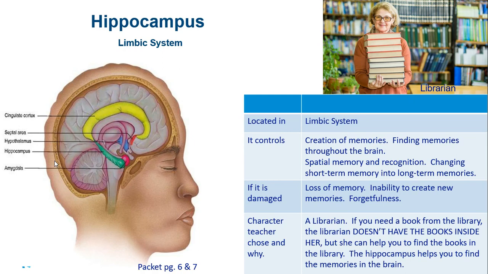And so she can take you to the part of the library where the book is. And sometimes you could just give her a topic and she knows how to find a book that can help you with that topic because she knows her way around that library, just like the hippocampus. The hippocampus will help you find the memory in the neocortex to turn it on for you. Okay.